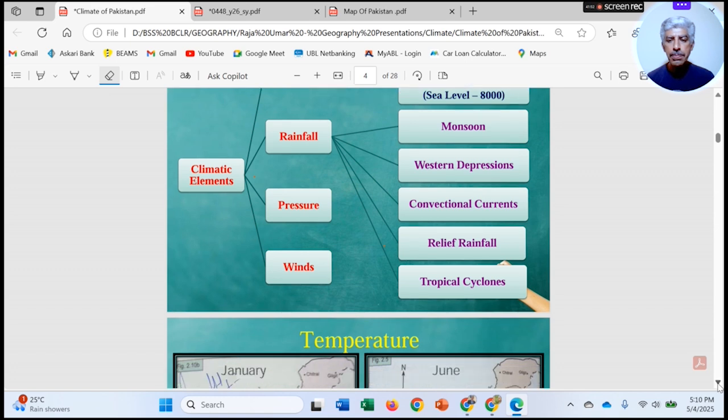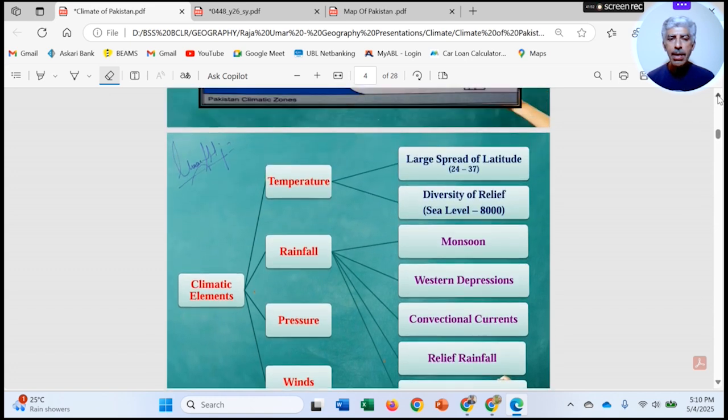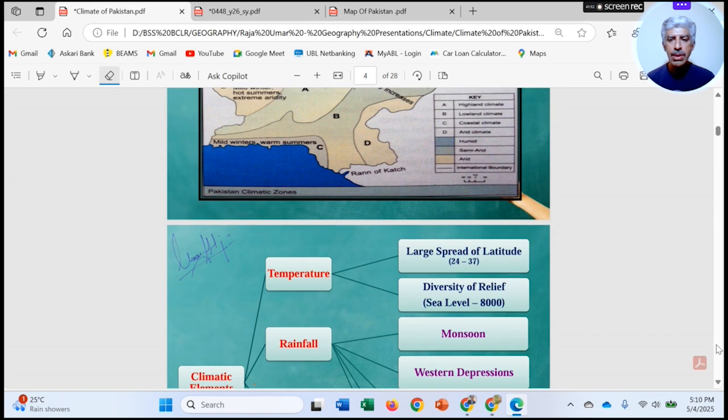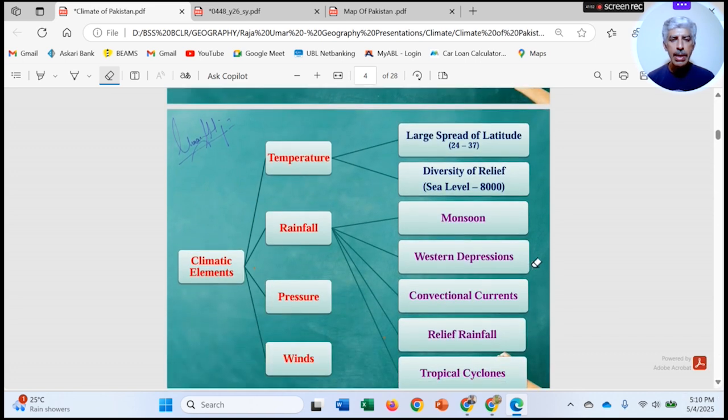So up to this point we have covered the climatic zones and climatic elements. This was our today's topic, and I'm hopeful that you have understood certain points related to this one and the syllabus overview I have given you. And inshallah in the next lesson we will talk about the first factor, that is temperature.